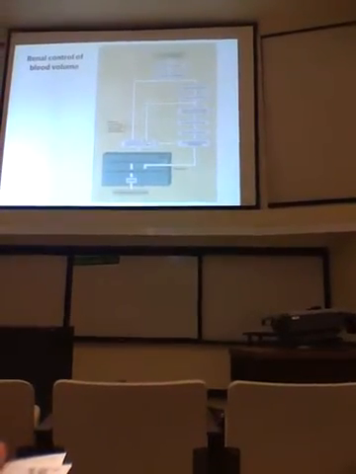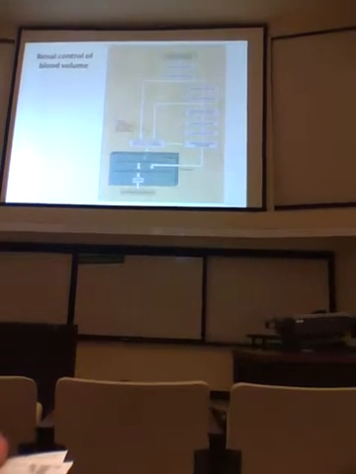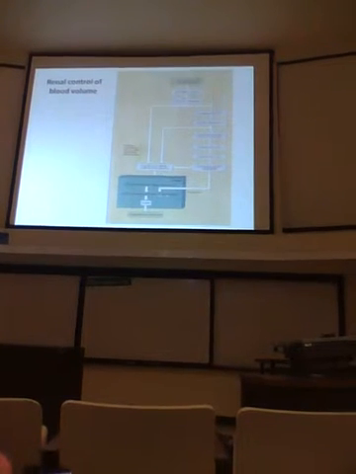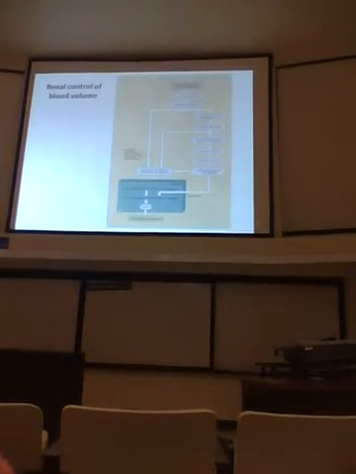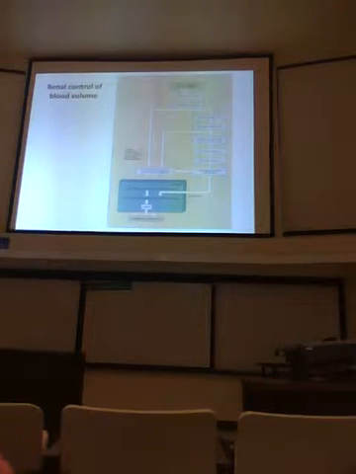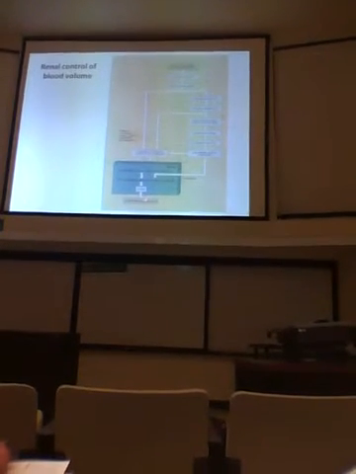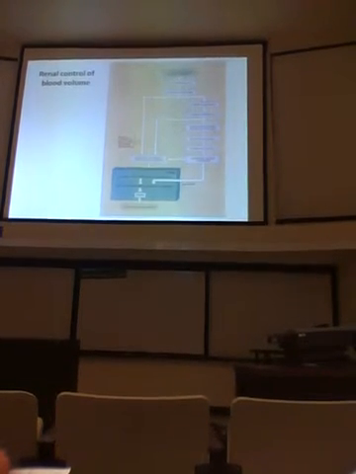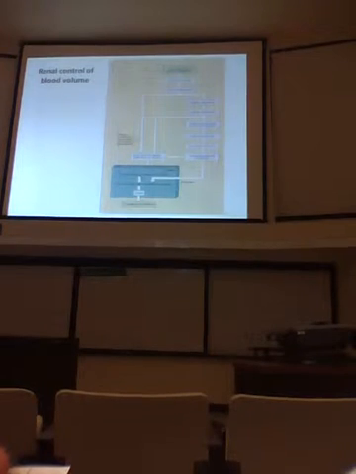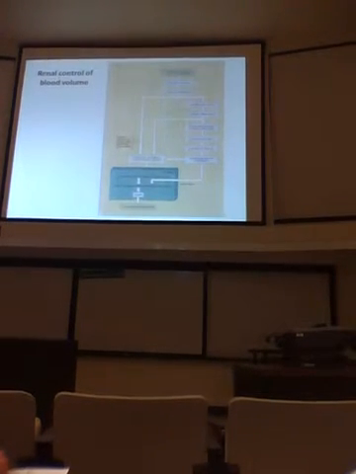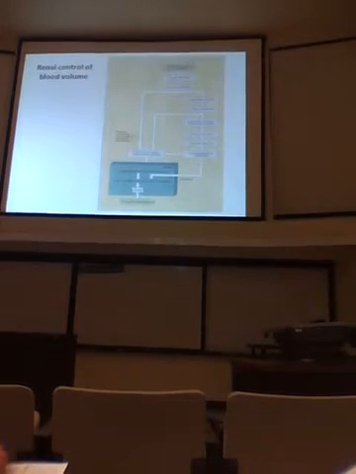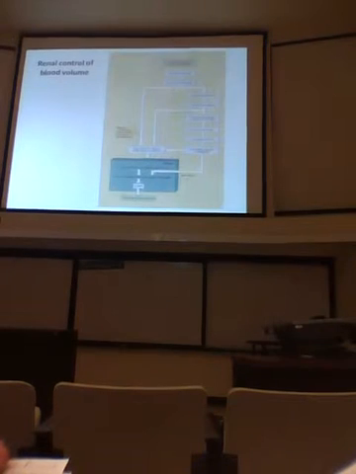Low venous pressure acts on the renal sympathetic nerves, we talked about those, which causes constriction of the renal artery, a decrease in the glomerular filtration rate, and so you pee out less water, and that corrects the loss of water. So the kidneys have a mechanism for correcting blood pressure via changes in blood volume.